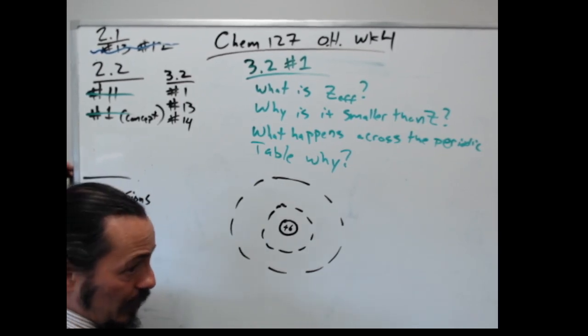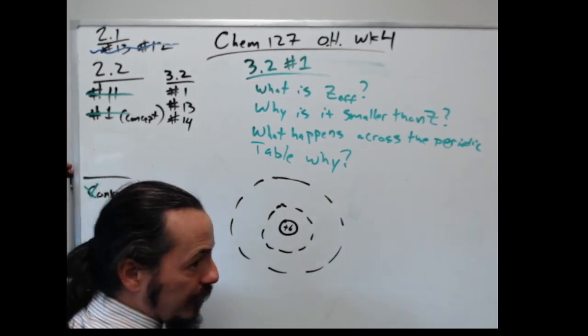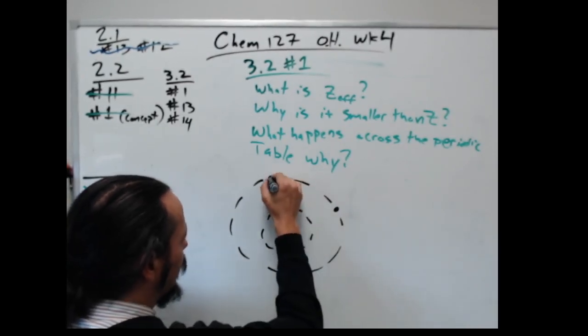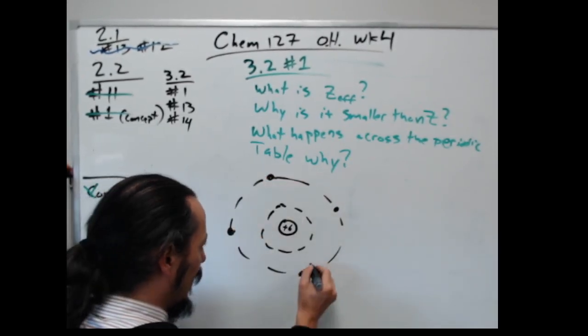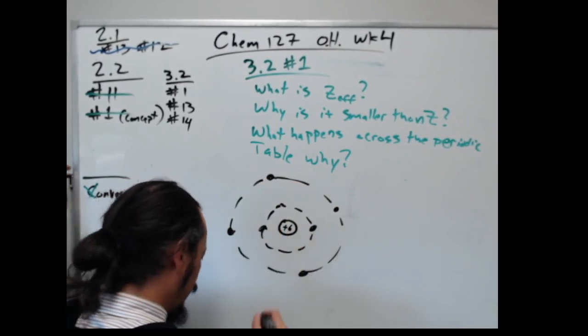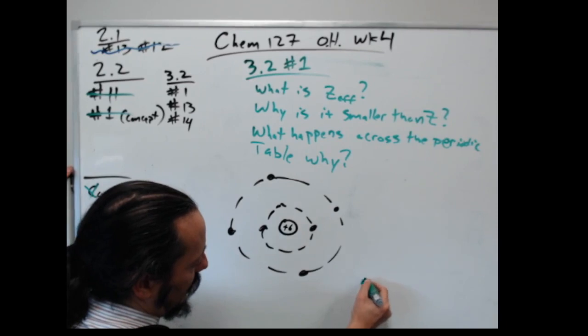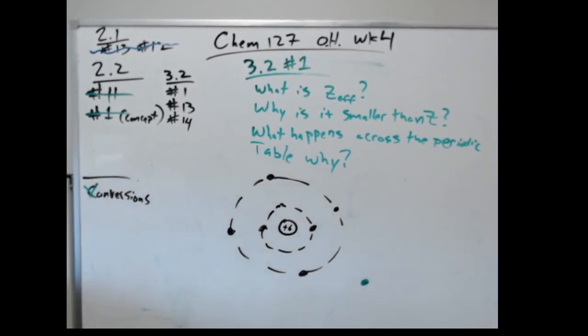Effective nuclear charge, right? My nuclear charge is +6. This has 1, 2, 3, 4 electrons. This has 1, 2 electrons.